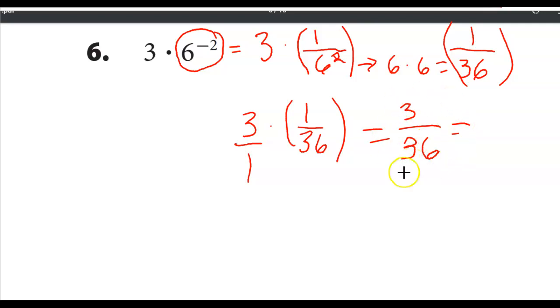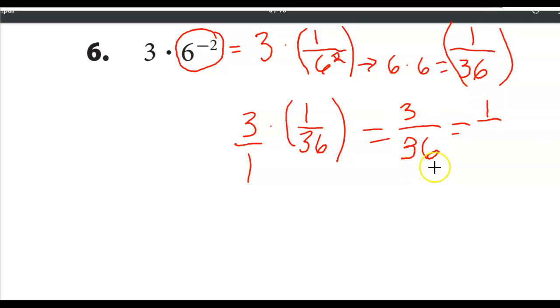Okay, now I got some numbers here that can go into some other numbers. So I can reduce this too. And if you can reduce, you guys all know how. So I know 3 can go into 36. 36 can be divided by 3. Okay, so if I take 36 and divide it by 3, I'm left with 1. 3 goes into 3 one time, right?